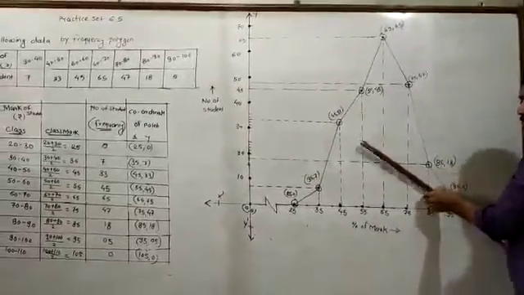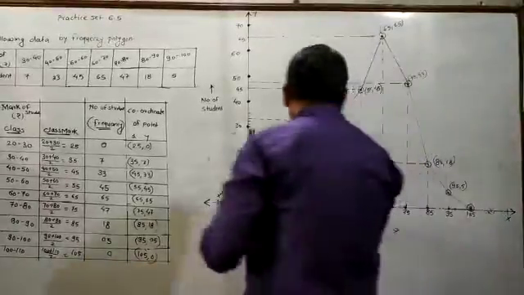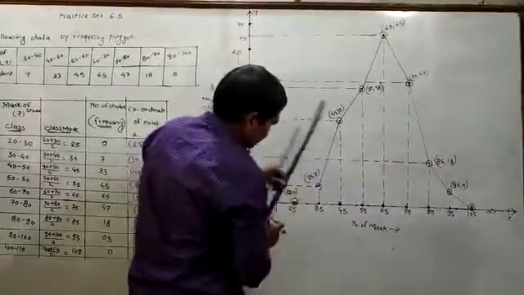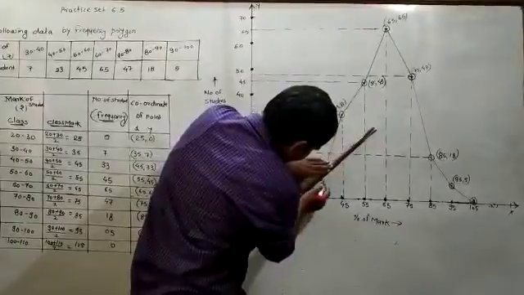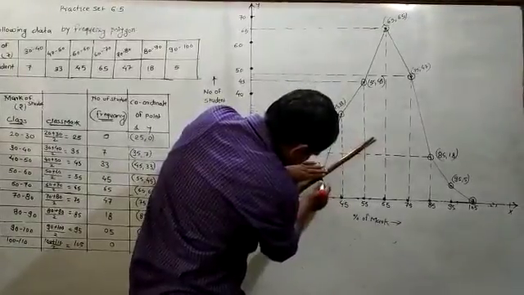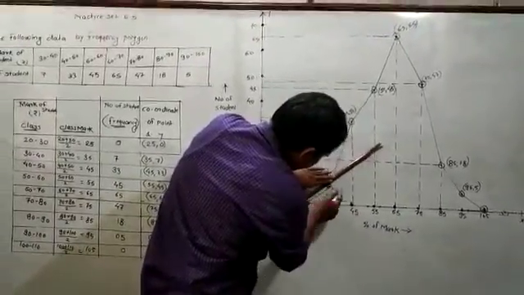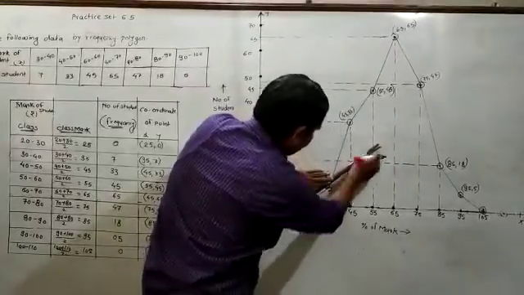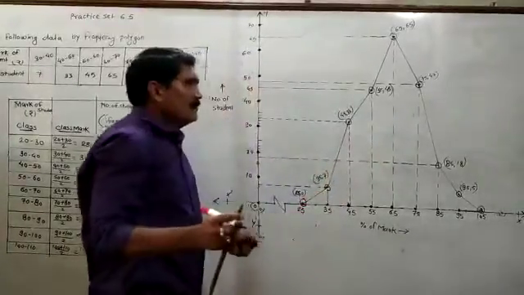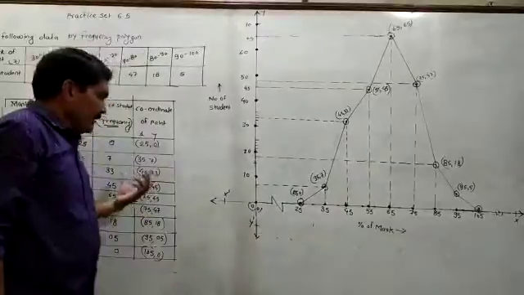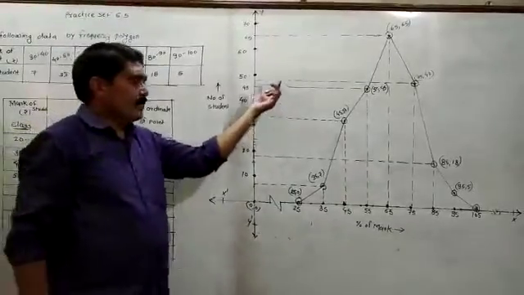Like this you have to join the exact points properly. Once you join them exactly, our frequency polygon will be like this. So from the given data you will draw the frequency polygon like this.